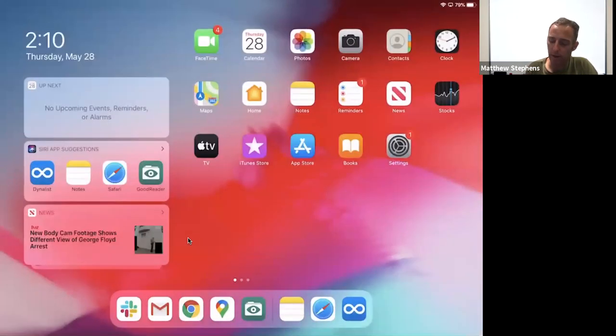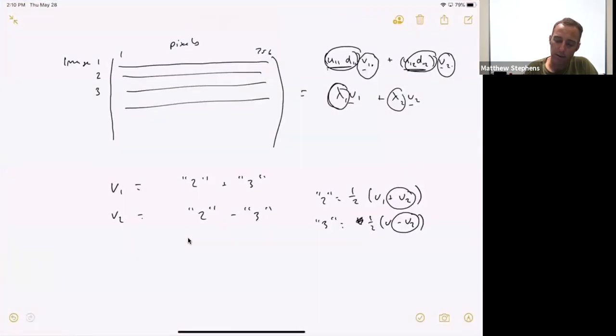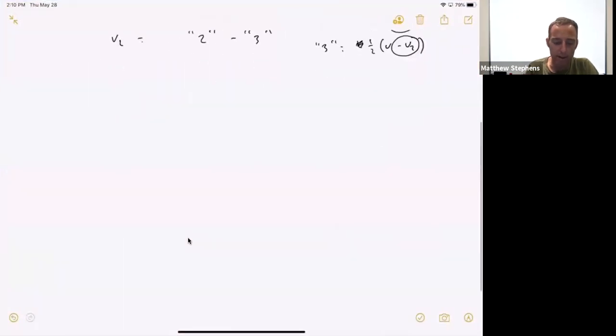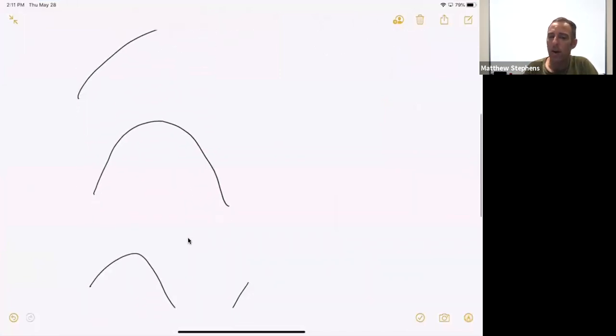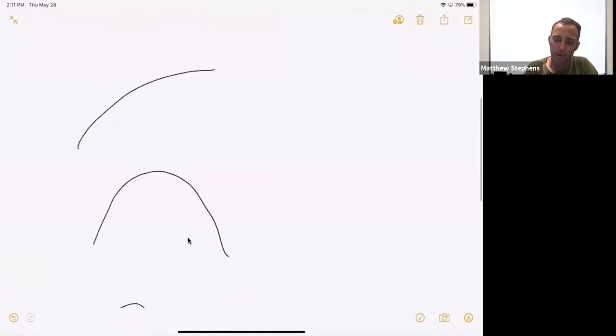If you remember what the eigenvectors look like, they look something like this kind of thing. The first eigenvector is roughly distance along the line, and the second eigenvector is distance from the center of the line, or distance from the edges.